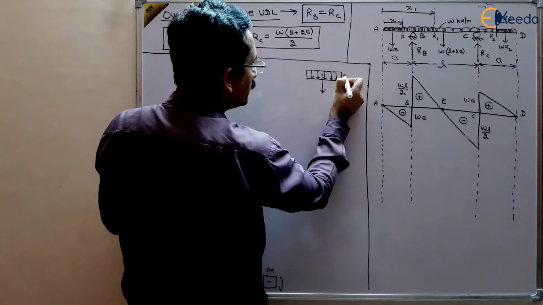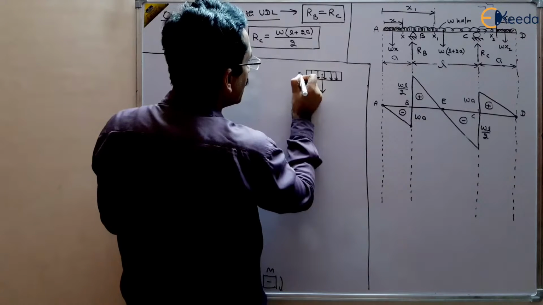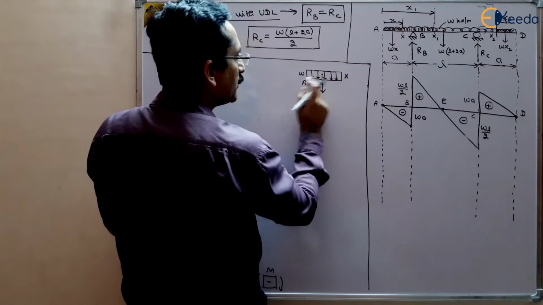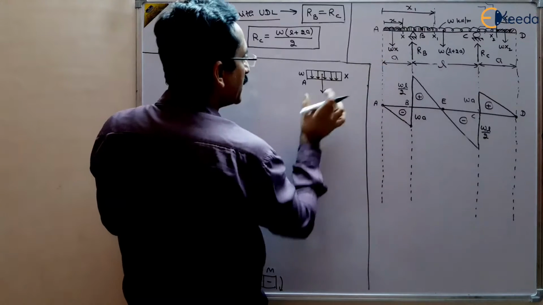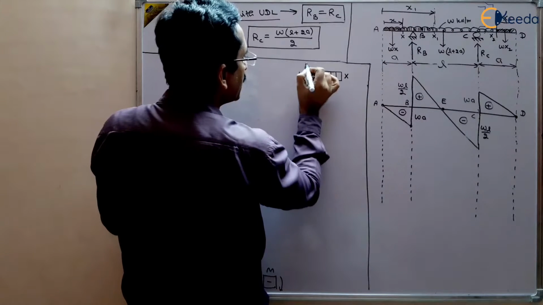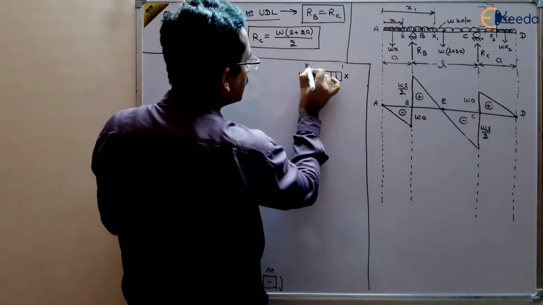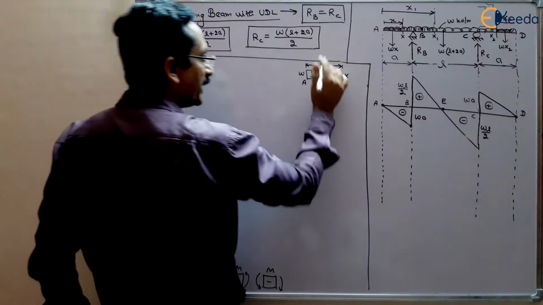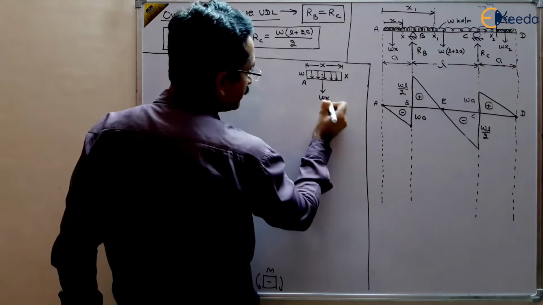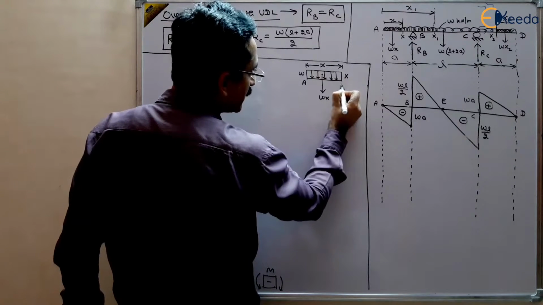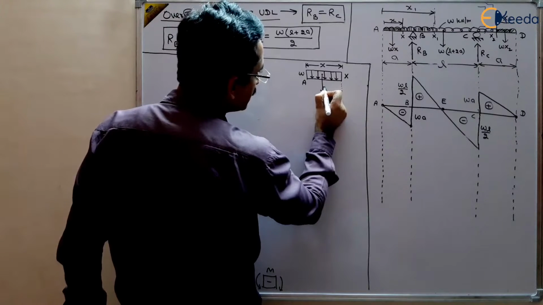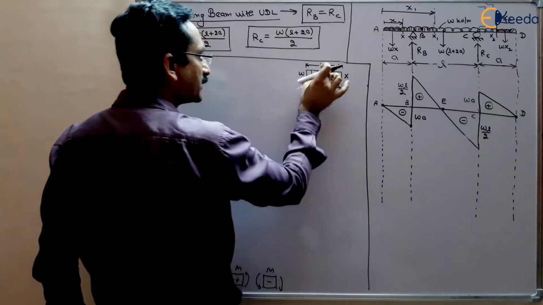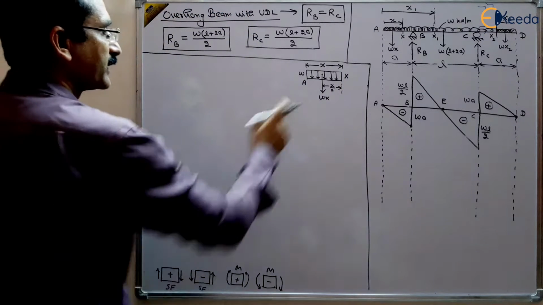The weight is W, and this is our X, and this is A to X, right? The length is x. The weight will be acting downward at the center, wx, which is at a distance of x by 2 from the capital X, because it is at the center of this, right?